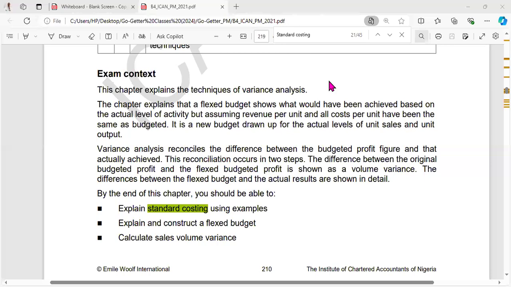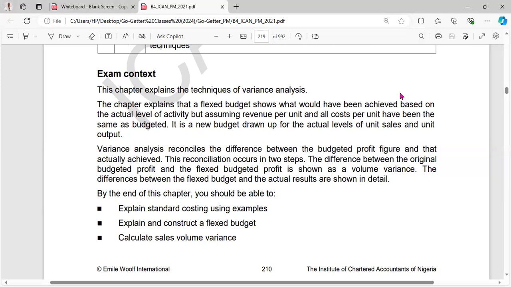It is a new budget drawn up for actual levels of unit sales and unit output. Then variance analysis reconciles the difference between the budgeted profit figure and the actual profit achieved.